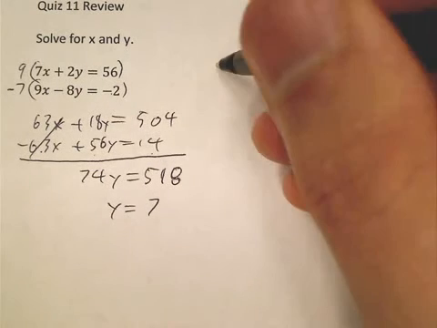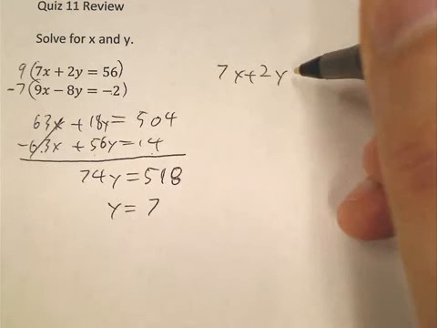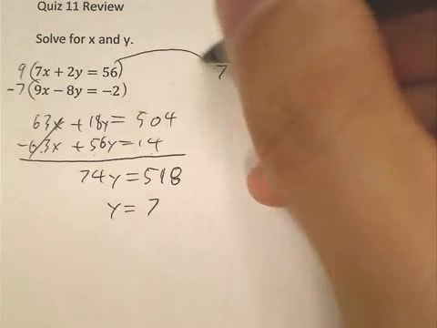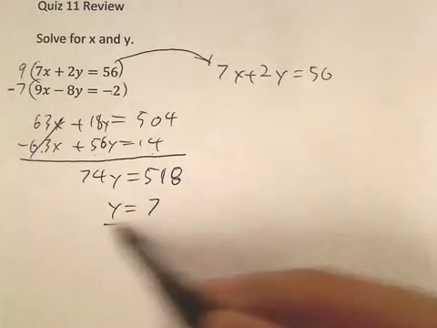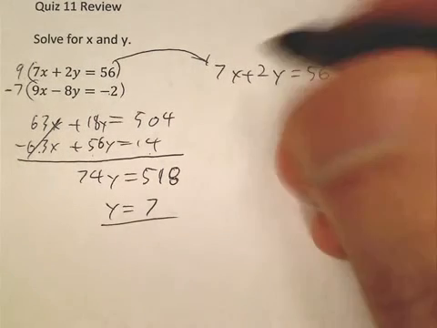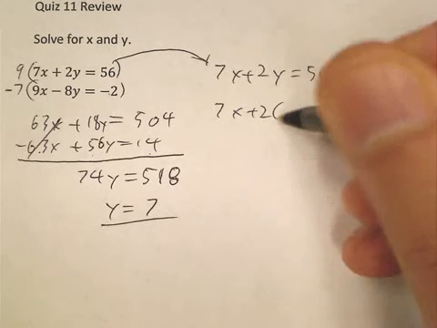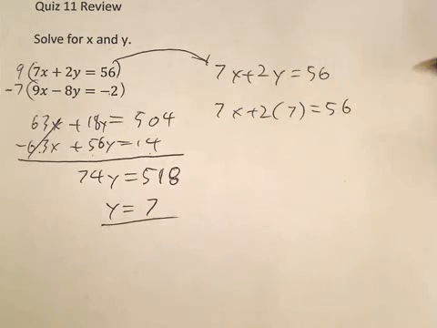Let me copy this first equation. Copy the first equation, and we're going to plug in y equals 7. So for y, I'm going to put 7. And then once you put that in, do some math stuff, and that will give you the value for x.